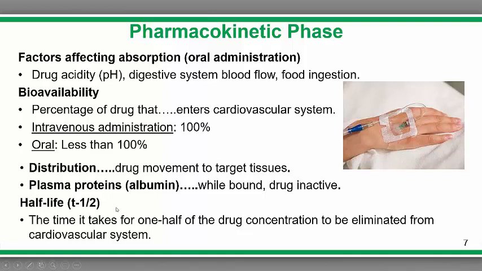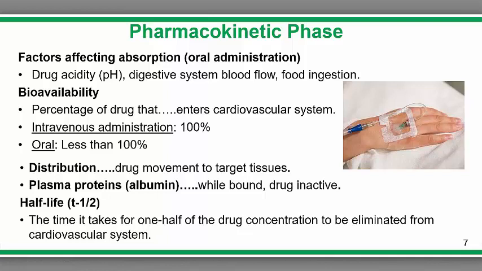Another common term that you will see is the half-life, or T1/2. The half-life is a measure of time, and it's the time that it takes for 1/2 of the drug concentration to be eliminated from the cardiovascular system. So when we talk about a drug being eliminated from the cardiovascular system, the drug is either excreted or absorbed by tissues.